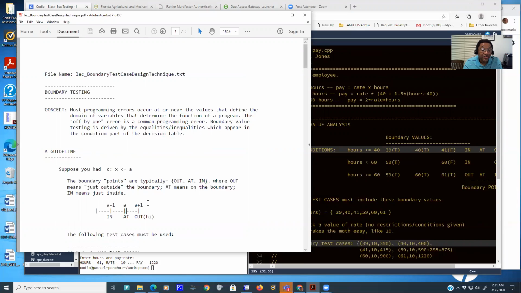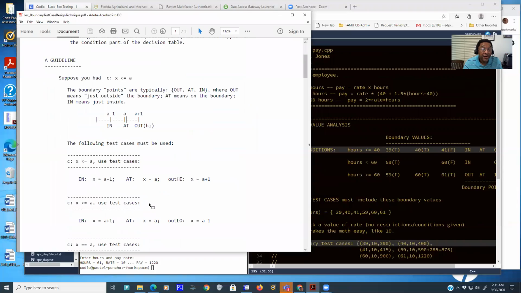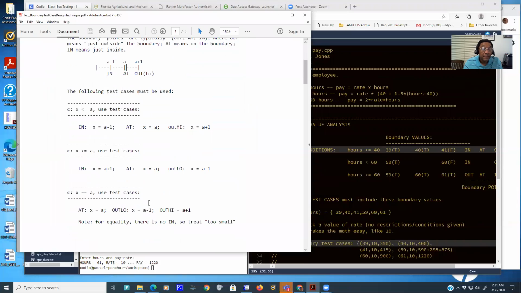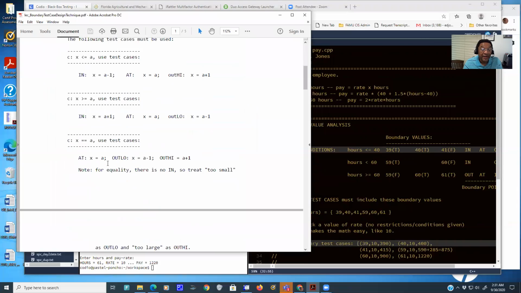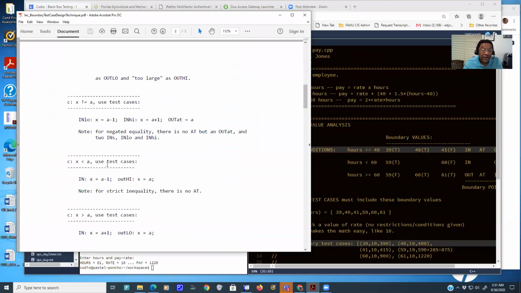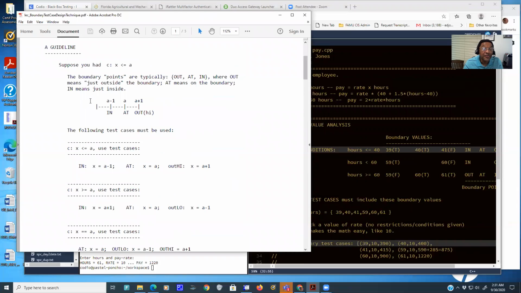There are three values needed. Over here it's the same idea. I wish I had done this interval more, because all of these are based on these intervals. For each operator, this little diagram may look slightly different as to the order in which your ins, outs, and ats are.